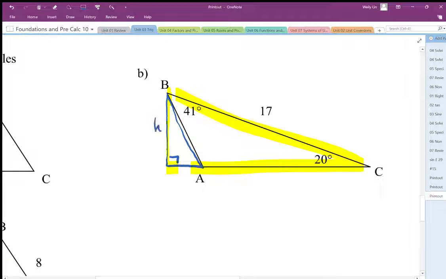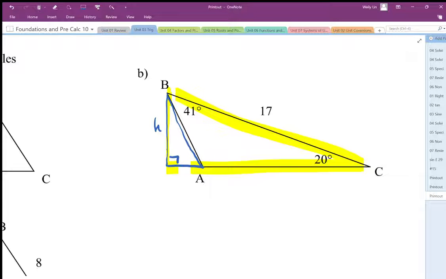These are two approaches, and we can use the big yellow right triangle first to solve for the length of h.